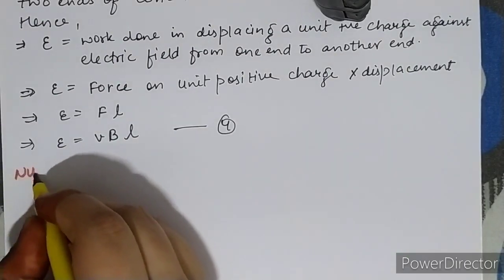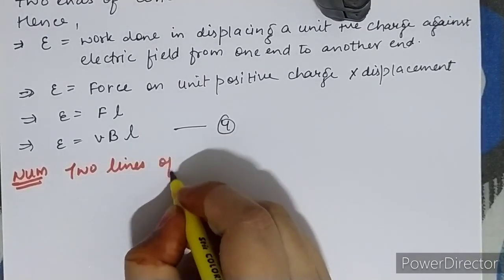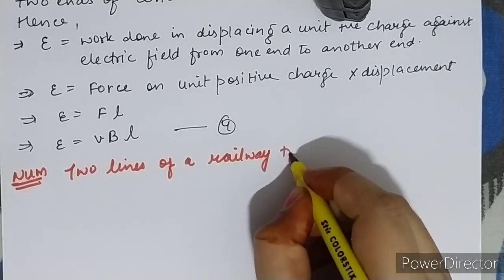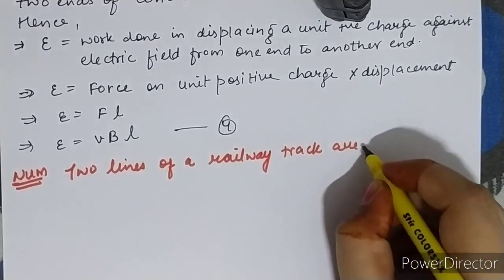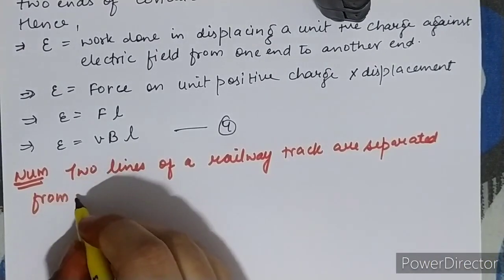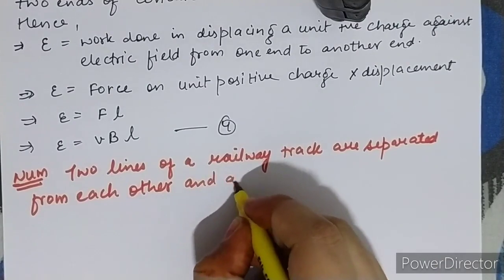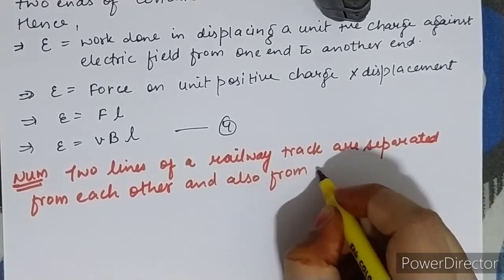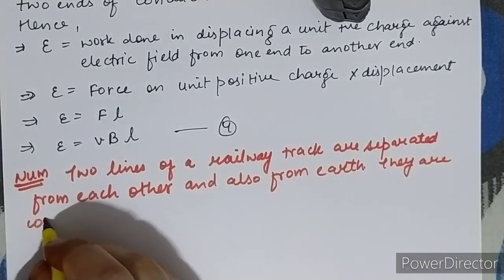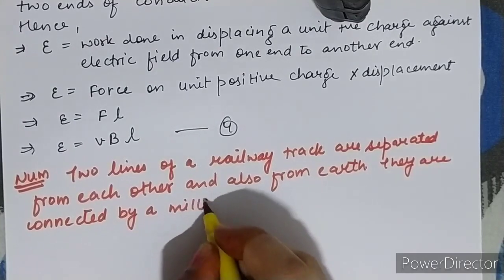The question is: two lines of a railway track are separated from each other and also from earth. They are connected by a voltmeter.